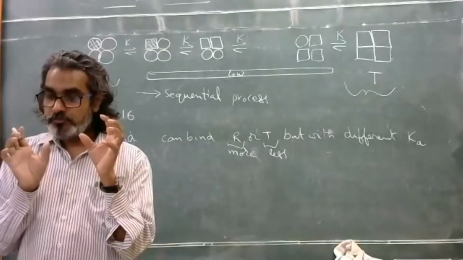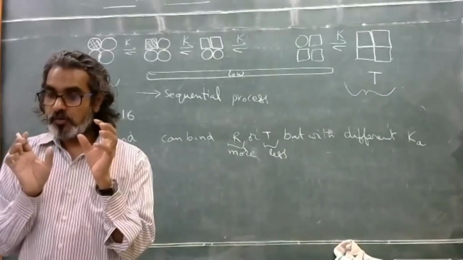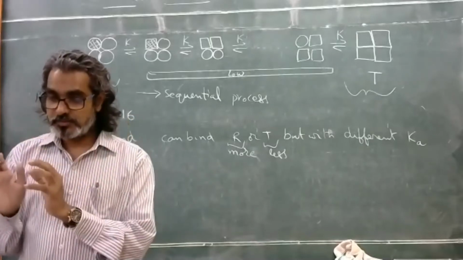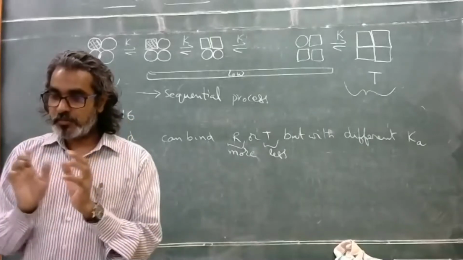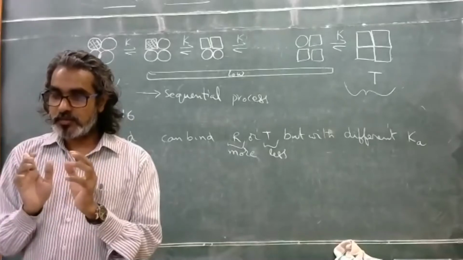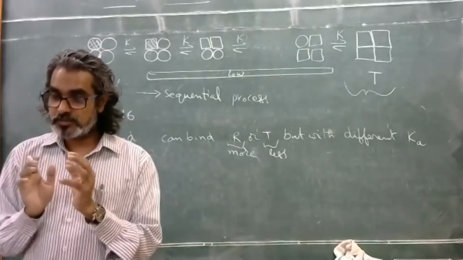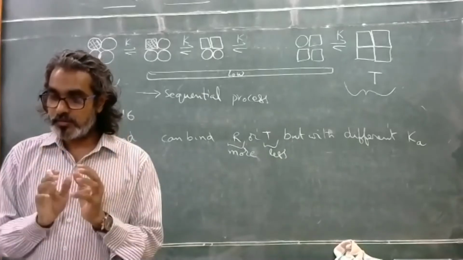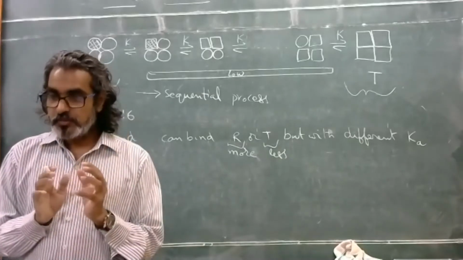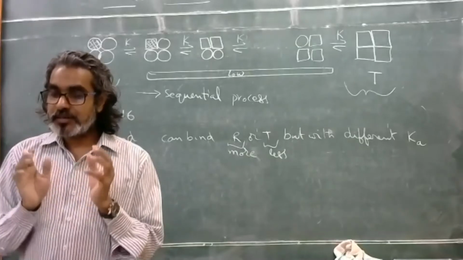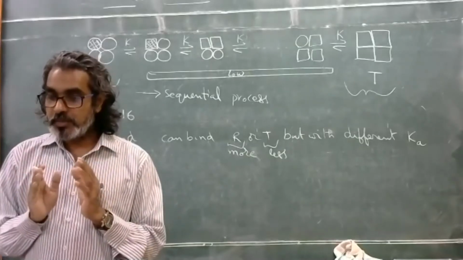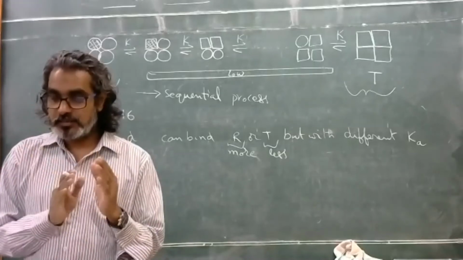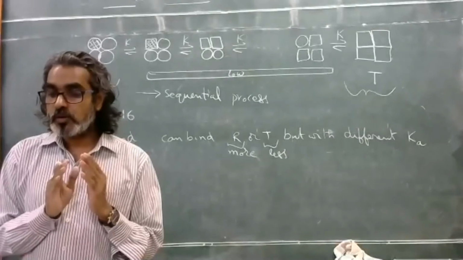Then you can fit if all are either squares or all are circles. In between, they don't communicate with each other as well, which means the in-between states are less populated, and the equilibrium shifts to either completely relaxed or completely tense. This is what we call cooperative.